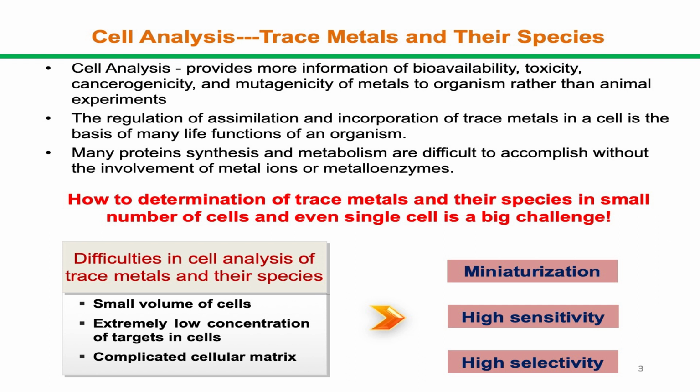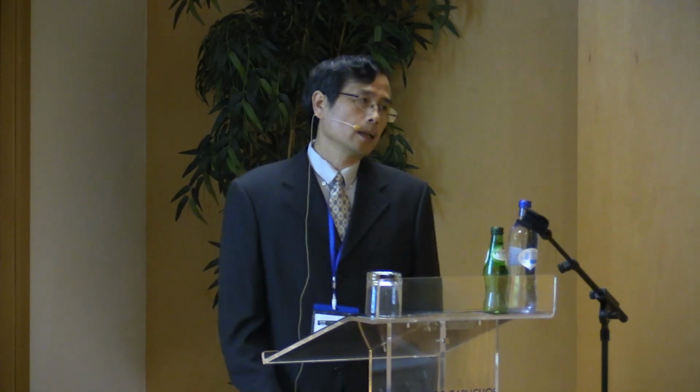And also the target analytes are at extremely low concentration in the cells. And also, sometimes the matrix of the cells is very complicated. Therefore, the development of a miniaturized, highly selective, and highly sensitive analytical platform for trace metal and their species analysis in cells is highly demanded.